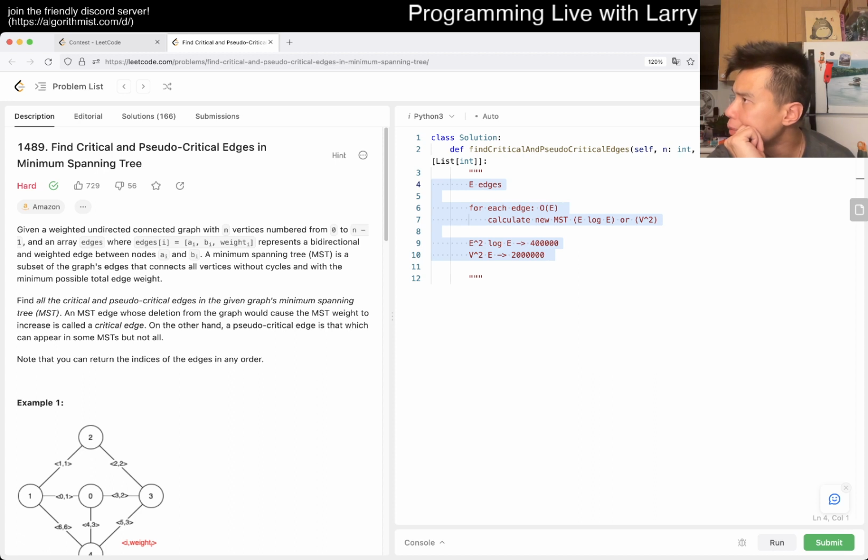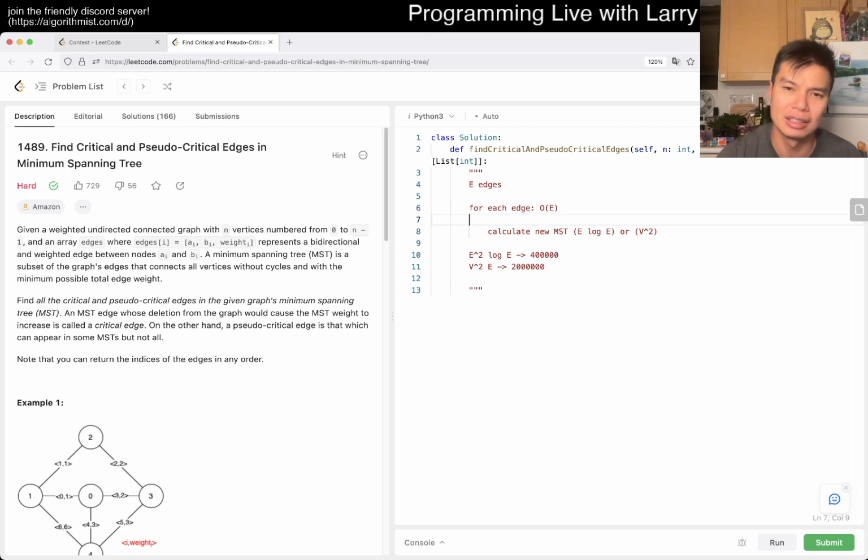But the problem, I think in theory, is we have to do this twice, at least if you're doing it lazily, because we have to see if this edge is in the MST.